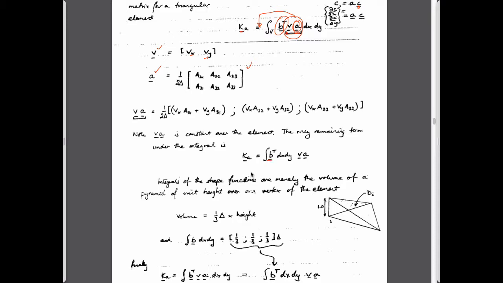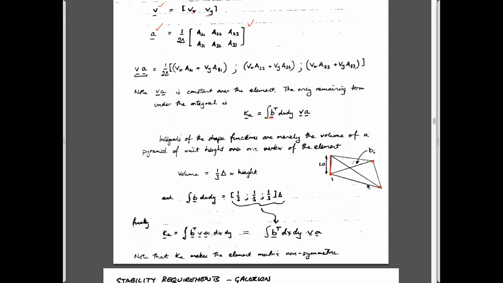To do that, we can just think in terms of physical components as to what the shape functions are going to be. So what are the shape functions going to be? Well, we know that if we take the element and we look at node number I, then the shape function for that is going to be equal to unity at that node, and it's going to be equal to 0 at all the other nodes.